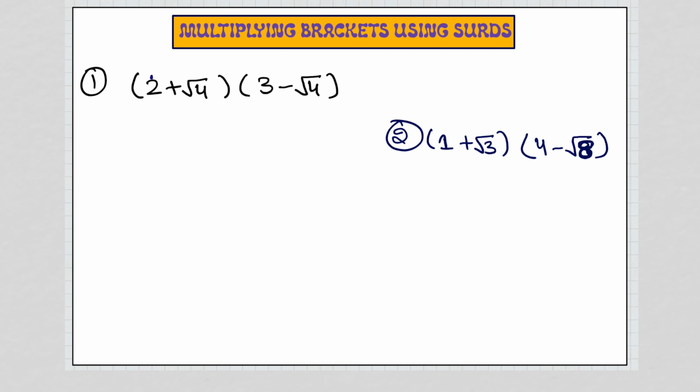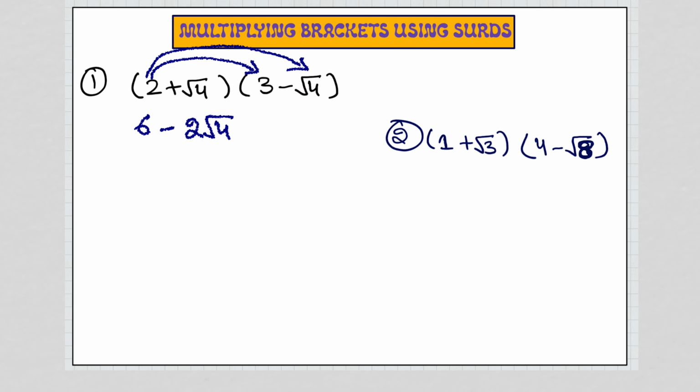Let me do 2 times 3 is 6. Then 2 times minus root 4 is minus 2 root 4. So just like addition and subtraction, when I times a whole number with the surd root 4, I'm not going to times 2 with whatever is inside the surd.